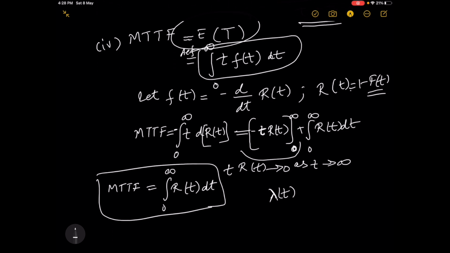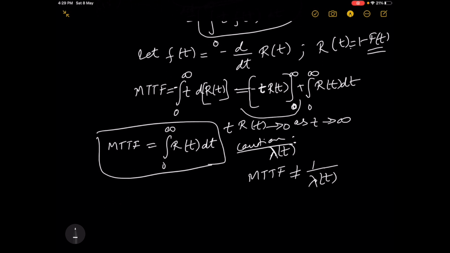So in general, if lambda t is defined as the failure rate function, then by definition, we must not directly infer that MTTF is the reciprocal of this, the reciprocal of the failure rate function. We must not interpret this. So this is a caution. This is a point to be noted.